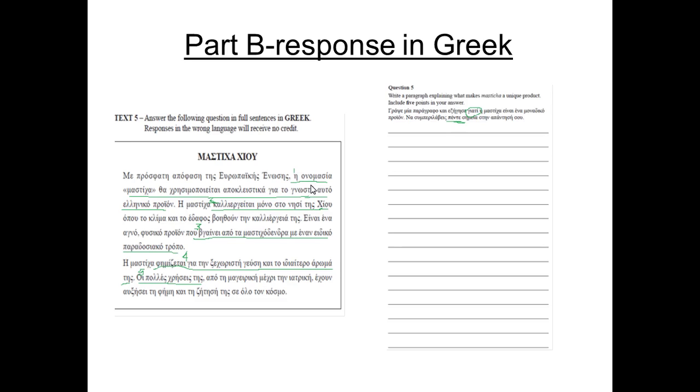But we have to transform the text a little bit and use connective words to make it a paragraph. We should not just copy the 5 points from the text. We need to reorganize the information and manipulate the language.